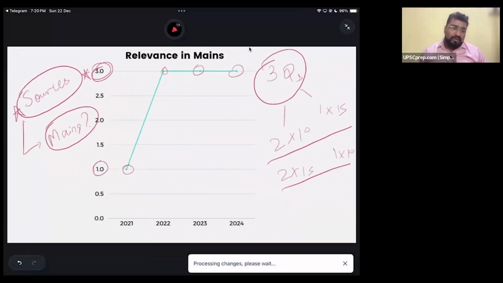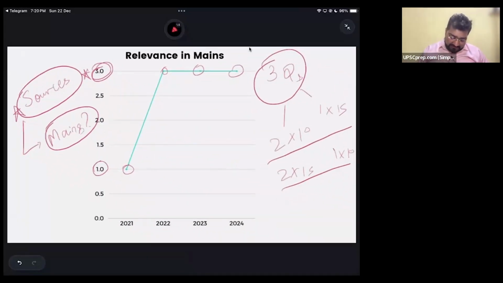So remember, guys, whatever you have studied for prelims, that's all. You need not read any other extra book or any other extra material outside there in the market. Just revise what you have read for the prelims, and on the basis of that, you will be able to solve the mains questions.